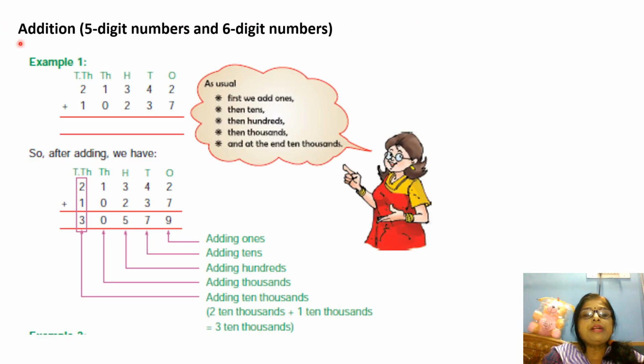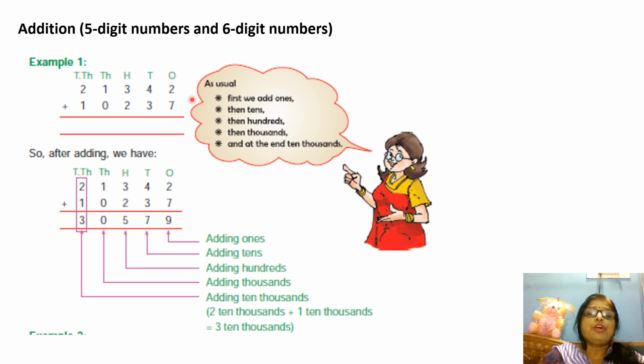Now, my dear students, next topic is addition. All of you are well known about it. This is the addition of a 5-digit number and a 6-digit number. First, you arrange all the digits according to place value. If you arrange this in columns, then there is no chance of any mistake.